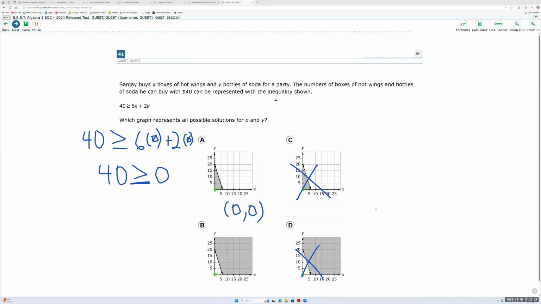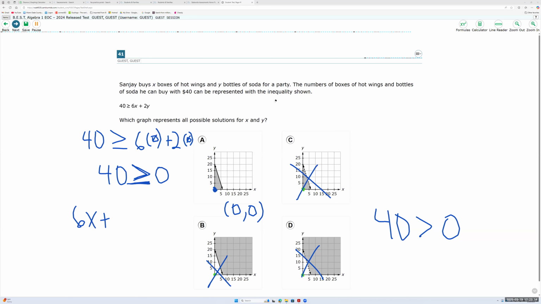Dotted lines would be for 40 is greater than 0, but that's not what we have. We have greater than or equal to 0. And because 0 is true, 40 is greater, that means that we need to shade the origin, so we can eliminate B.